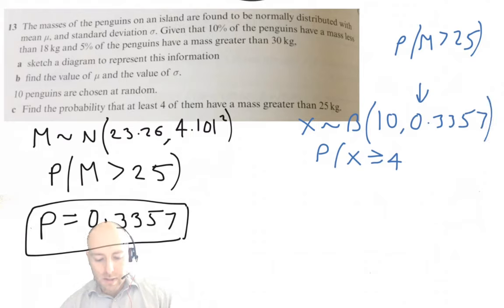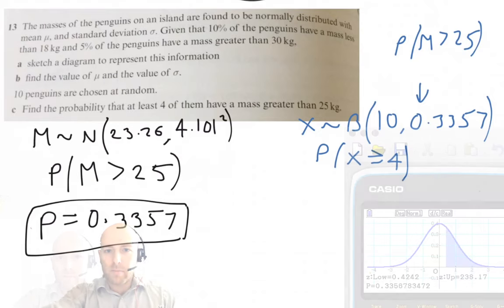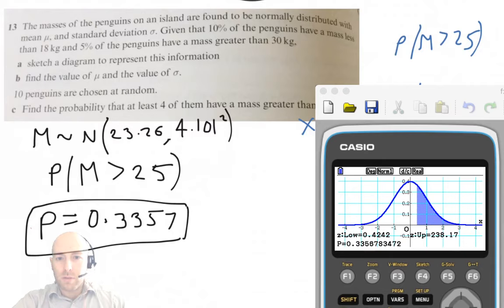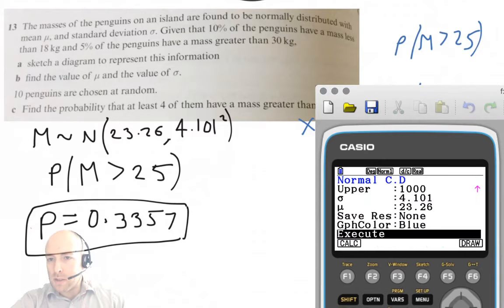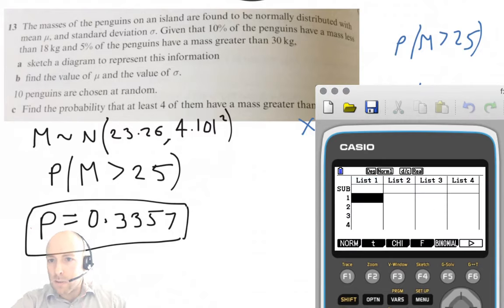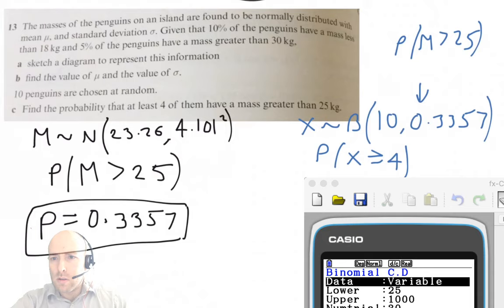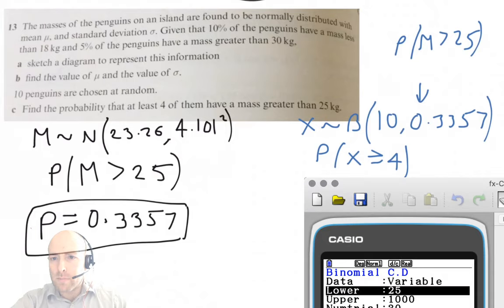And we're trying to find the probability X is greater than or equal to 4. So back to our calculator. Again, if you're using ClassWiz, it's a little bit more difficult because you have to do the whole 1 minus thing for your binomial. So we go binomial, BCD, variable. Our lower value is 4. Upper value, well, there's 10 penguins, so the upper value is going to be 10.